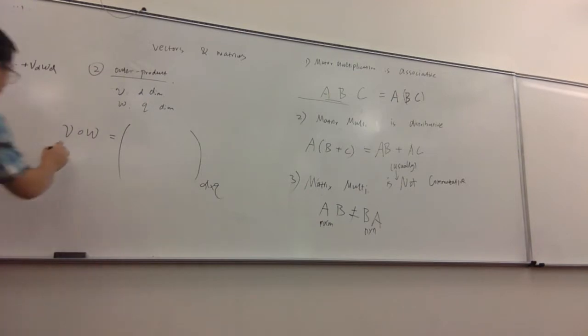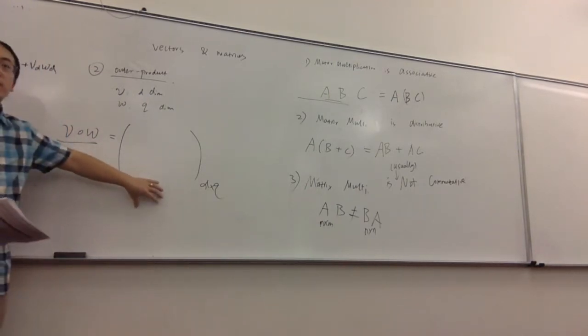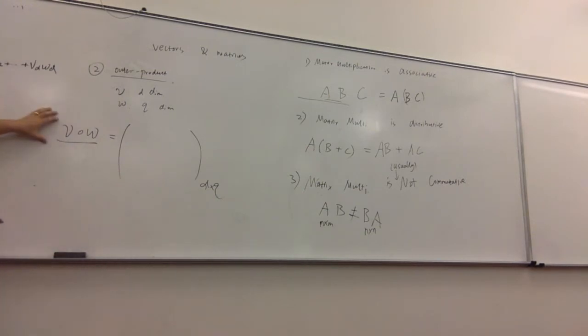Before I introduce how we compute this matrix, let me give the definition in terms of matrix multiplication. So the outer product between V and W is actually the product between V and W transpose. So now we can say V is a column vector, meaning that it is a D by 1 matrix.